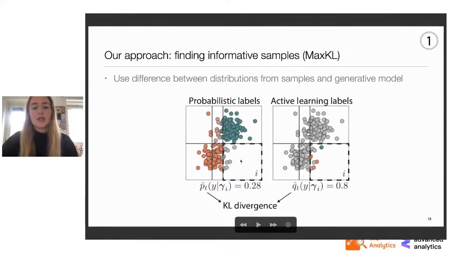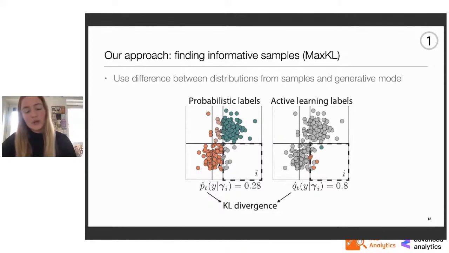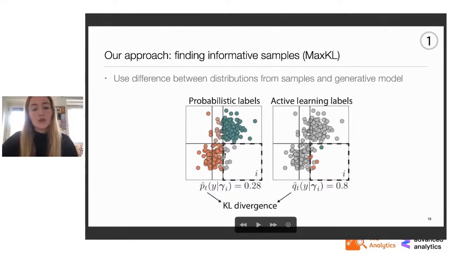So we quantify that using KL divergence for each of the individual buckets, and just rank them according to that, where we can just pick the bucket with the largest value. So we pick the bucket where the probabilistic labels disagree the most with the true samples that we have.